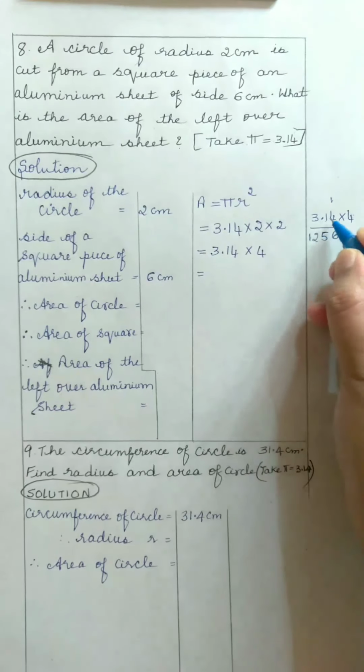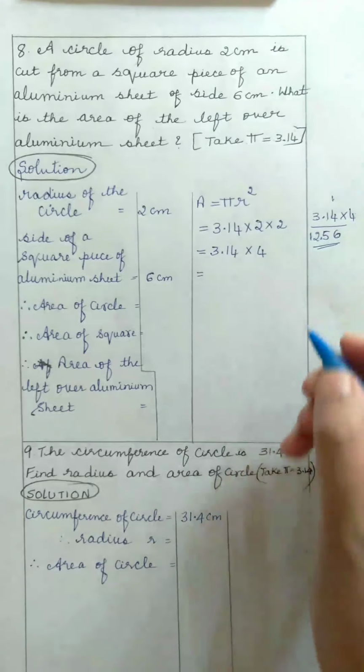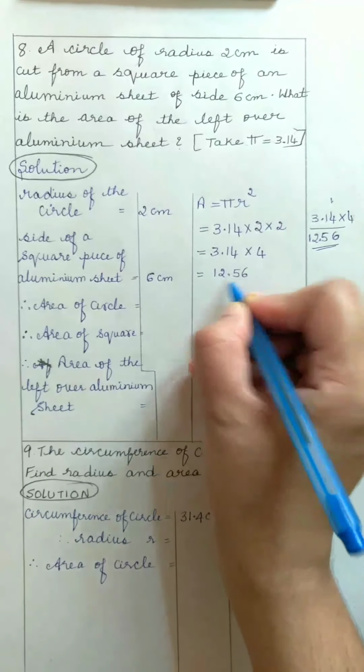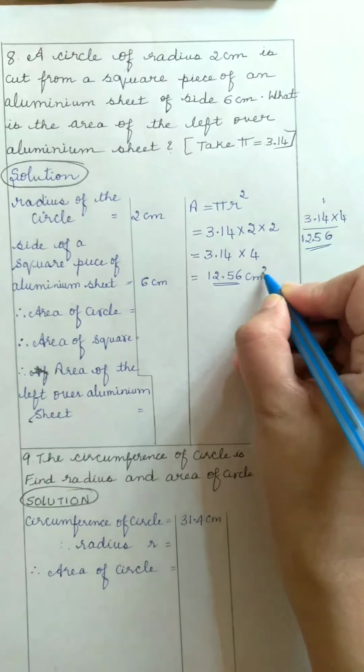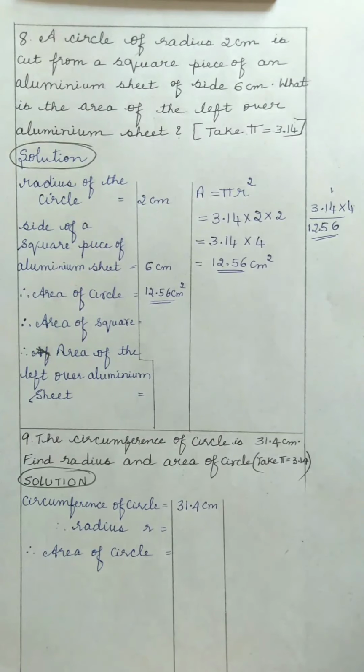After the decimal point, there are 2 digits in the answer from the right side, so after 2 digits, put a decimal point. Therefore, children, on simplification, we have got the answer 12.56 centimeter square. Therefore, the area of the circle is equal to 12.56 centimeter square.